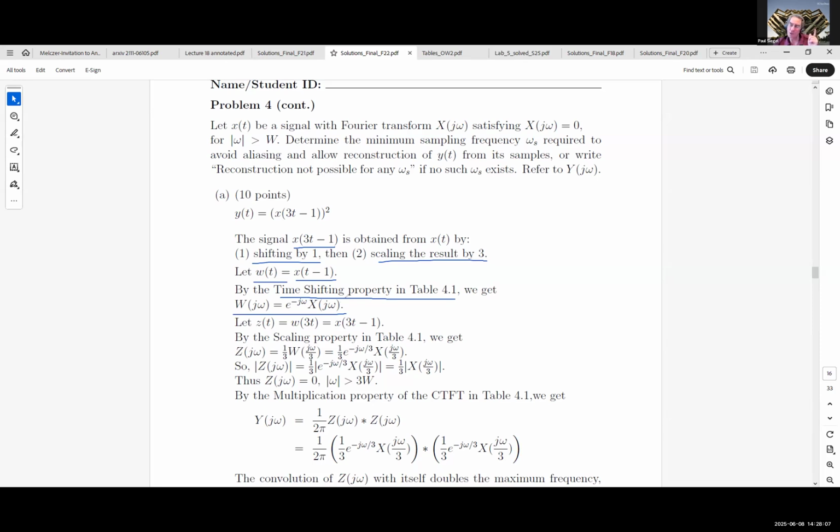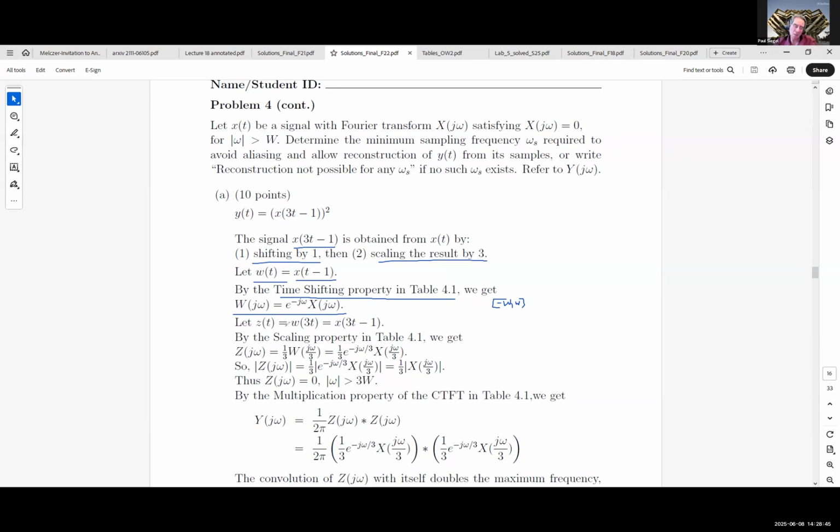Now, thinking in terms of where the transform is 0, we know X of j omega is 0 outside of the band minus W to W. If we multiply by e to the minus j omega, that's not going to change where the result is equal to 0. So this is still non-zero in the range minus W to W, and it's not going to have any non-zero values outside of that. That's just a preliminary observation.